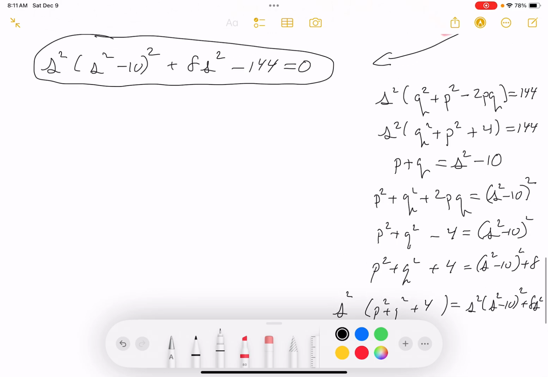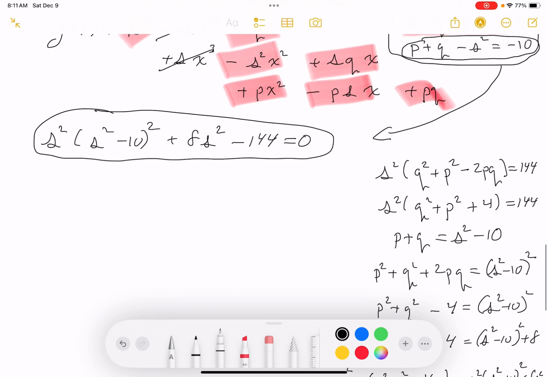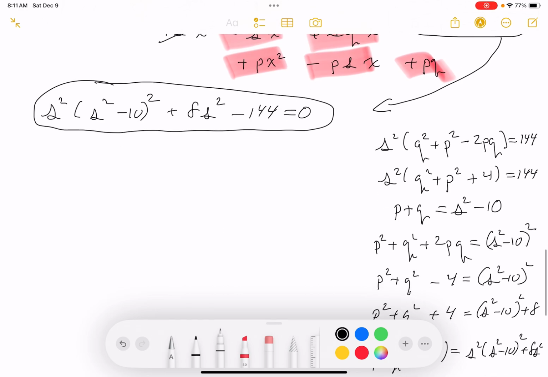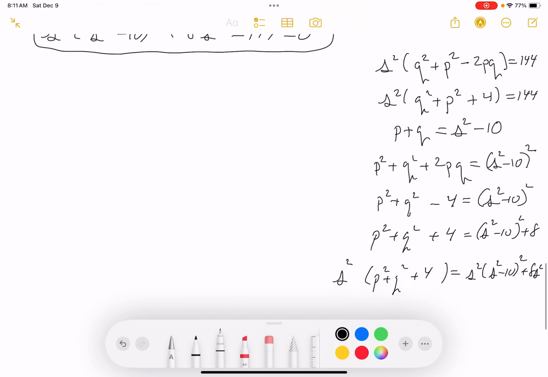Now let me remind myself of something over here. I'm going back, and I know something. I know that, and where is that? I'll look at this. p squared plus q squared plus 4 s squared. Oh, I know this thing is right over here.